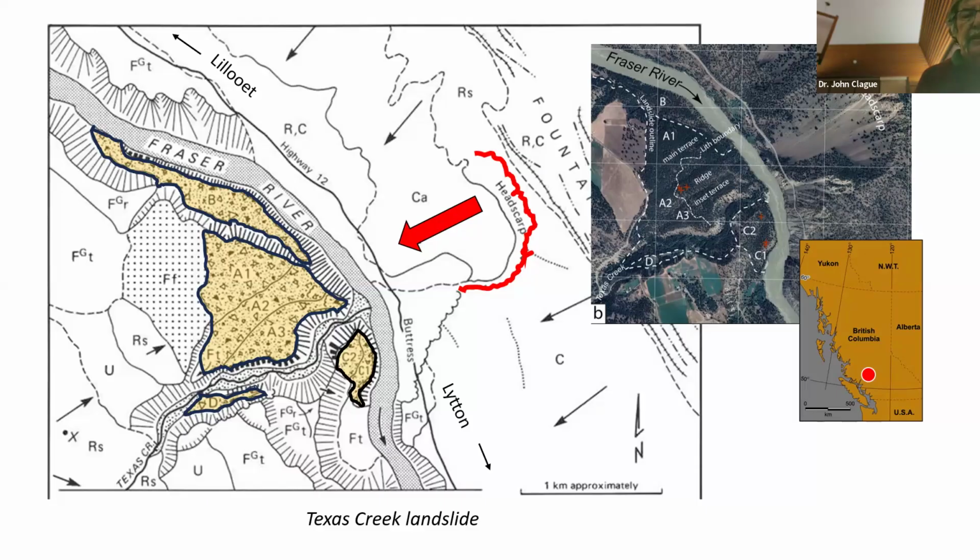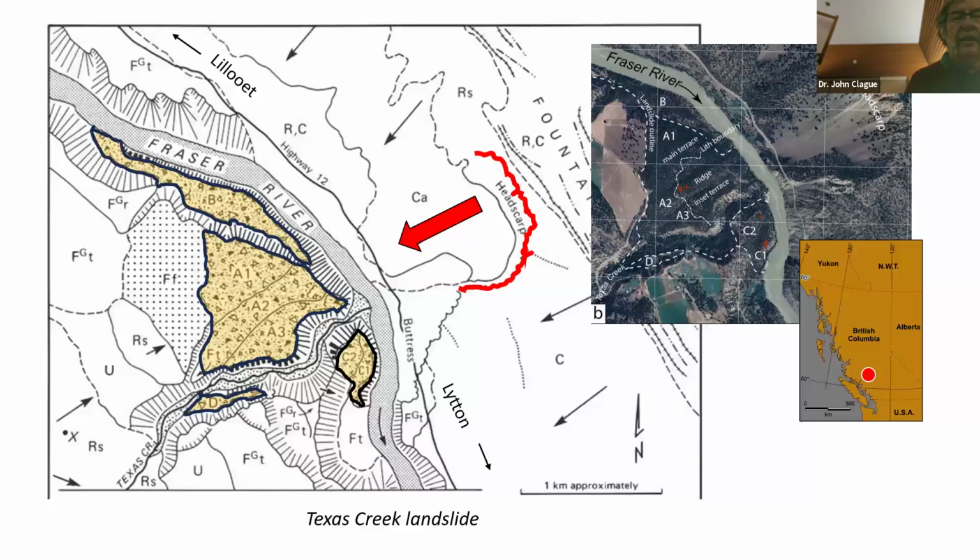That landslide initiated high up on the slope on the right side of that image, where I indicated the scarp with a red line and the direction the landslide took with the arrow. It crossed the river and left that area of rock slide debris, which I colored in pale orange.